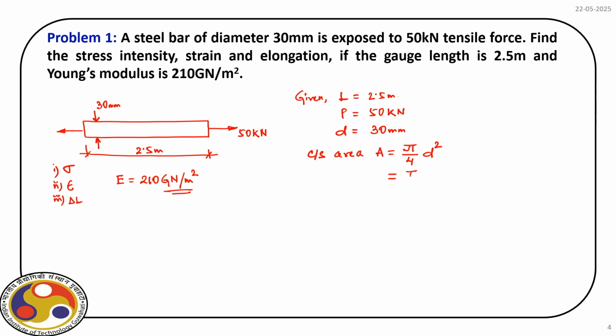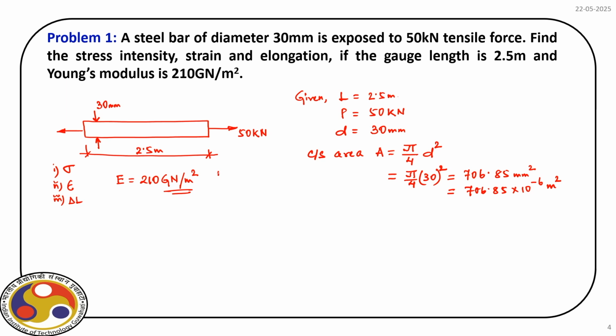So, we can estimate that. So, it is pi by 4 into 30 whole square. So, this is equal to 706.85 millimeter square, which is equal to 706.85 into 10 to the power minus 6 meter square.